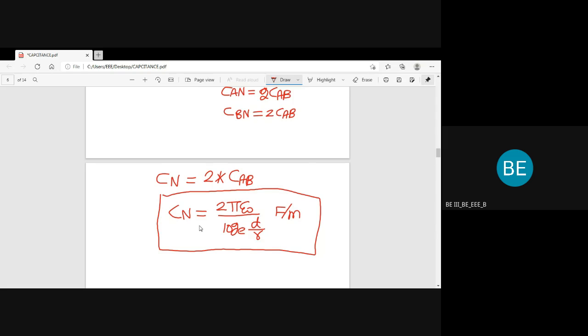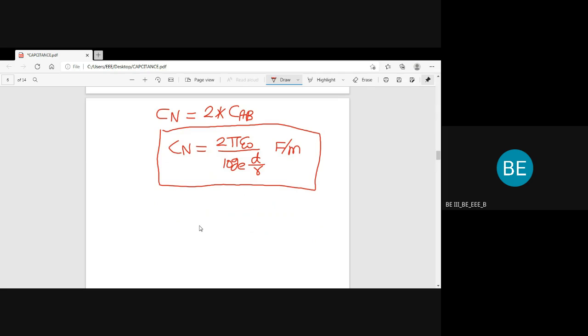So the same formula we are going to use for capacitance, or we can write the general formula: CAB will be equal to 2 pi epsilon naught divided by ln of d by r.